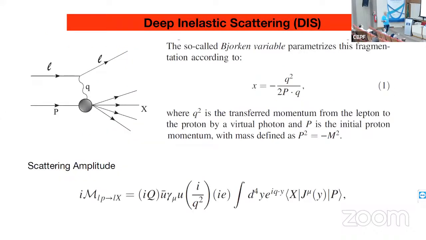Okay, so now I move to deep inelastic scattering, and we needed to discuss these baryons to do this application. So this is the typical deep inelastic scattering. You define the Bjorken parameter, and then you want to calculate some amplitude M corresponding to this process, where the X is something undetermined in the final state.